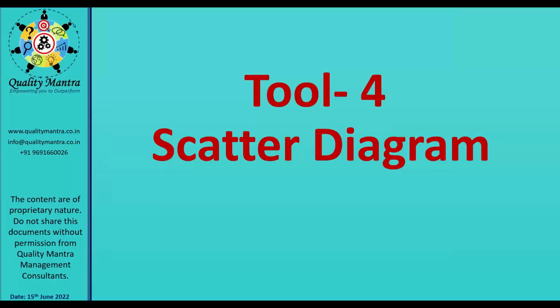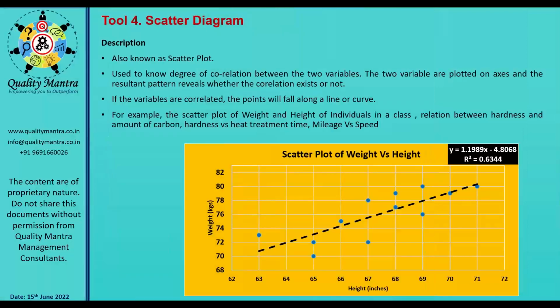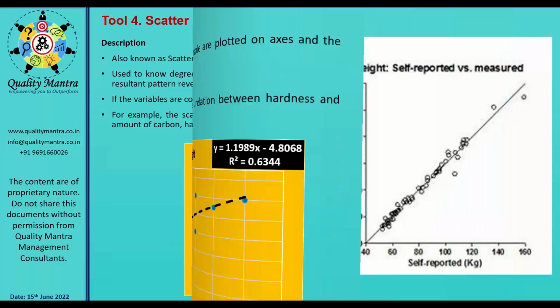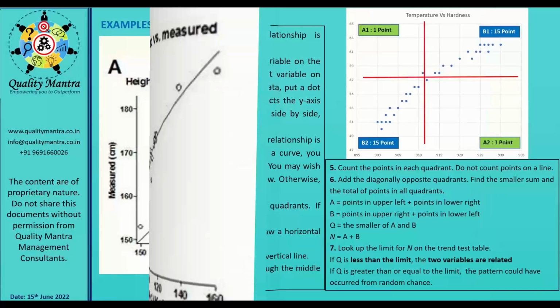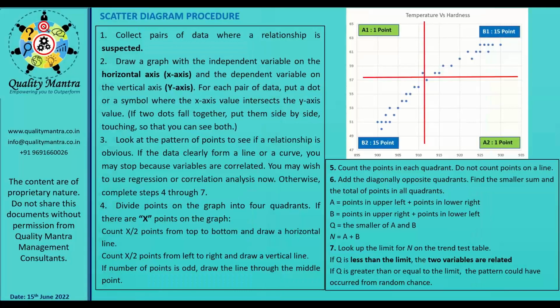Then tool number 4, scatter diagram, we have seen. It is also known as the scatter plot, and it is used to correlate two factors where you are suspecting that yes, they are correlated with each other, or some relationship exists between the two parameters. We have also seen how to calculate it manually.